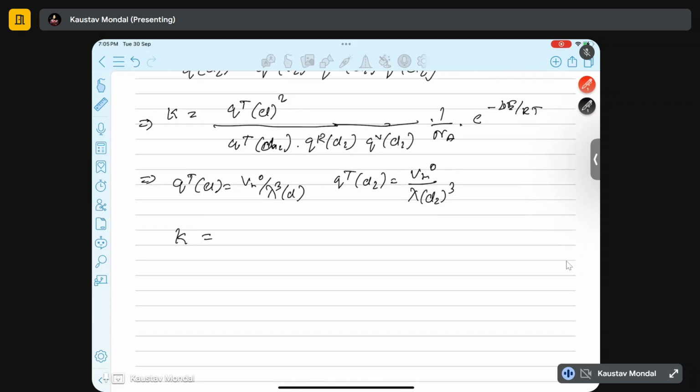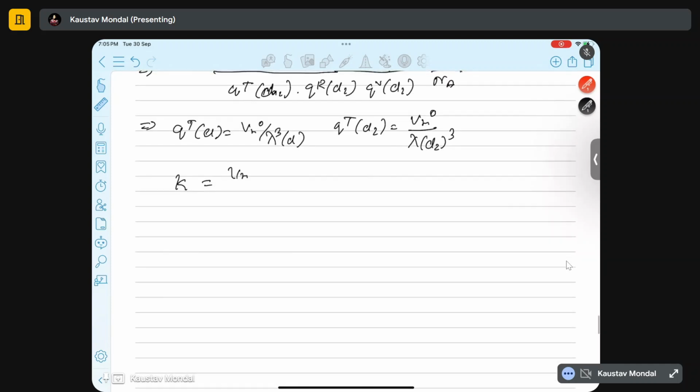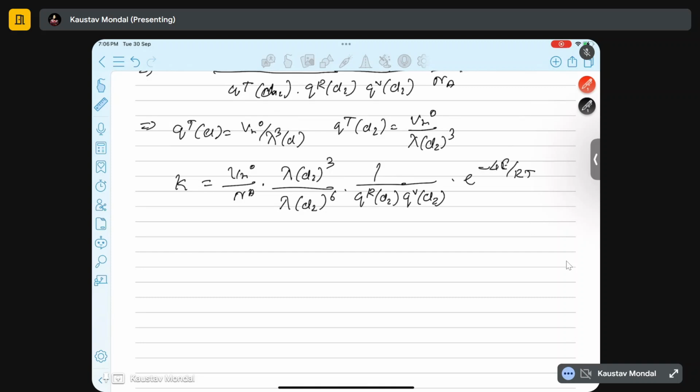One Vm0 cancels with each other. So there would be a term of Vm0 by NA into lambda CL2 whole cube by lambda CL, with 6 into the translational, rotational, vibrational terms, QR CL2, QV CL2, into e to the power delta E by RT. Okay.